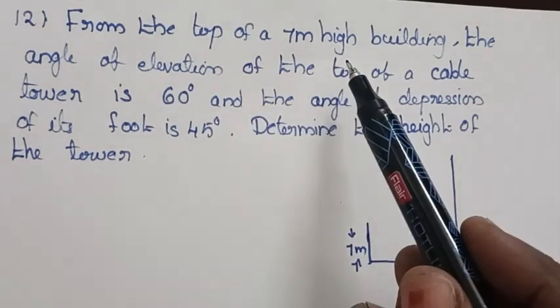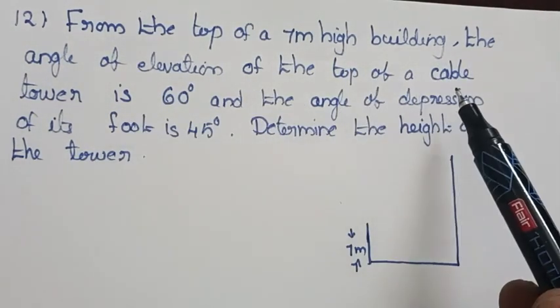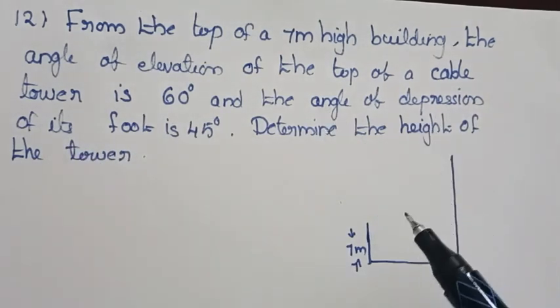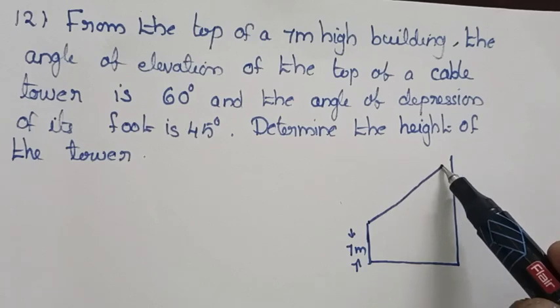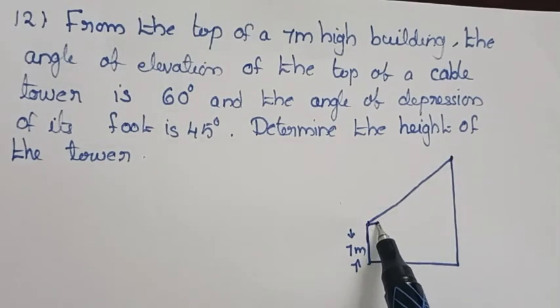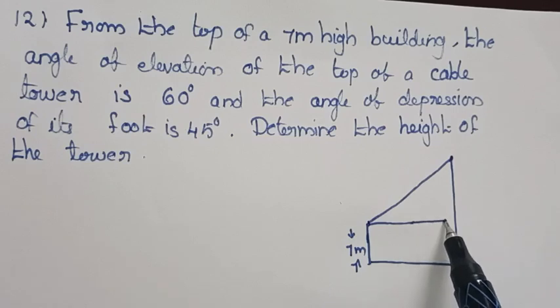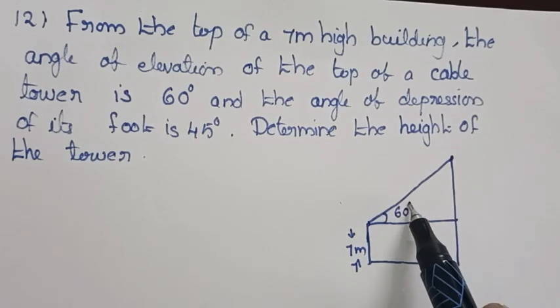From the top of the 7-meter high building, the angle of elevation of top of the cable tower is 60 degree. So draw a horizontal and mark this angle of elevation as 60 degree.